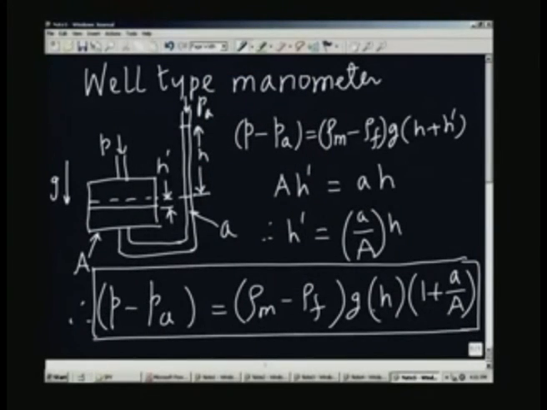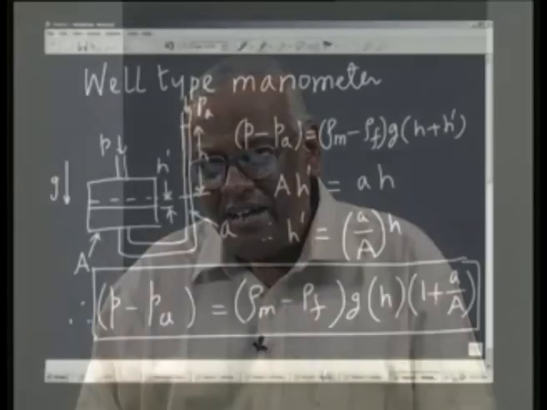So, this factor is already included, so that the scale which is going to be placed next to the vertical limb will have that correction factor built into it, so that you can directly use it. So, the height measured using the scale which is attached here will give you not h, it will give you h into 1 plus A by A directly.